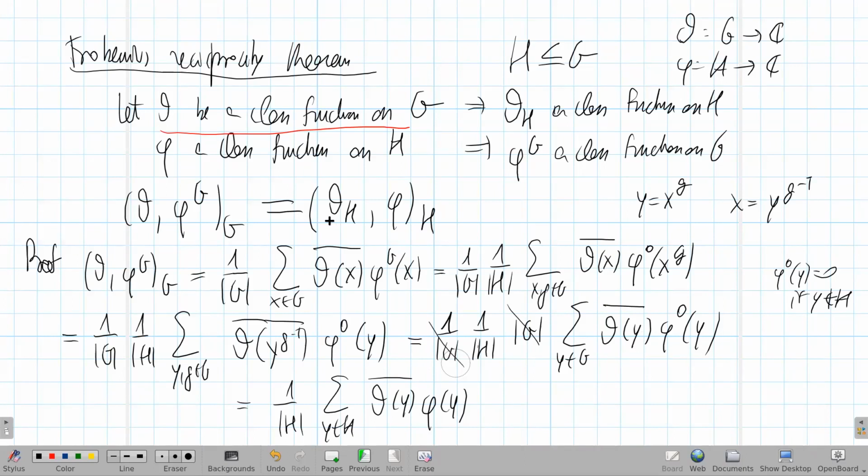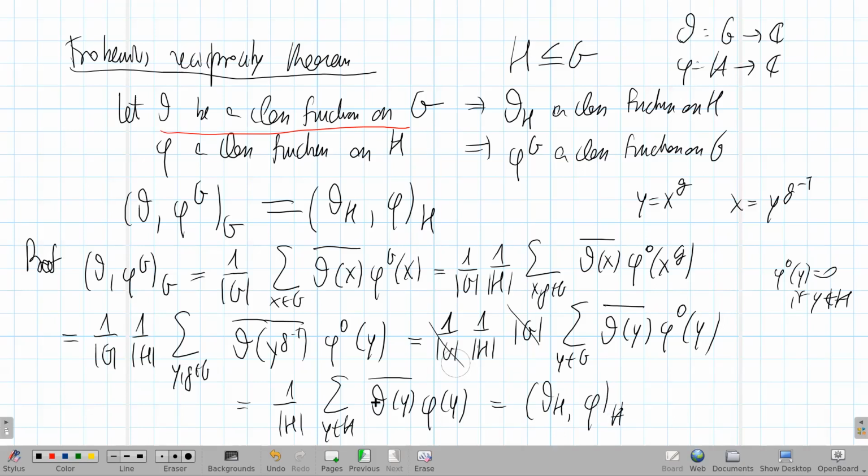And you see that this is exactly this inner product. That's the reason why we had this thing here, so that it's an equality with no factor, and this is simply theta restricted to H and phi. Why theta restricted to H?